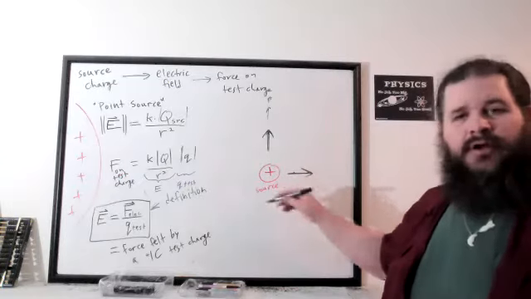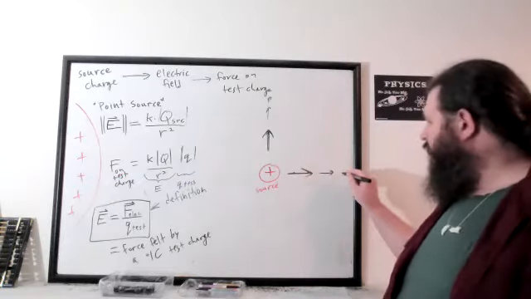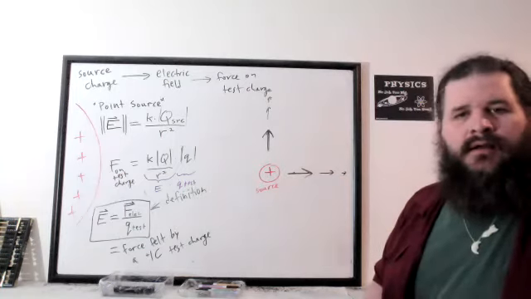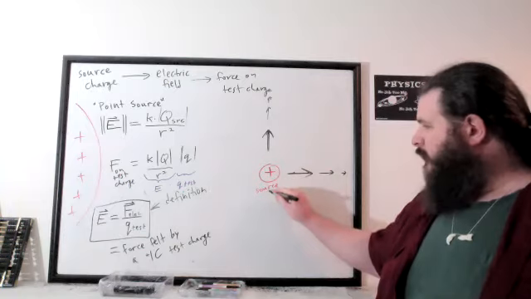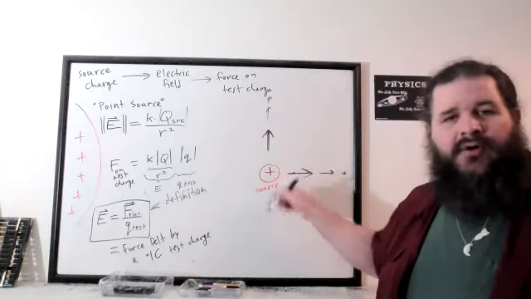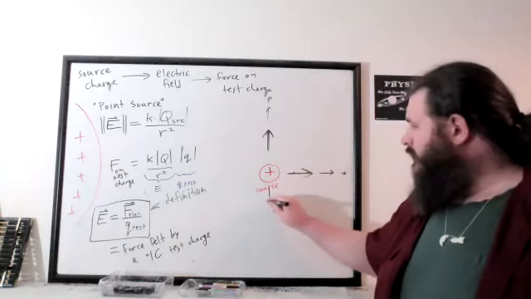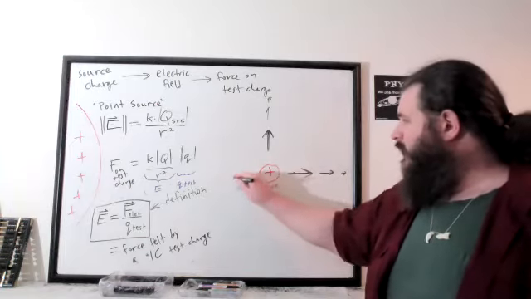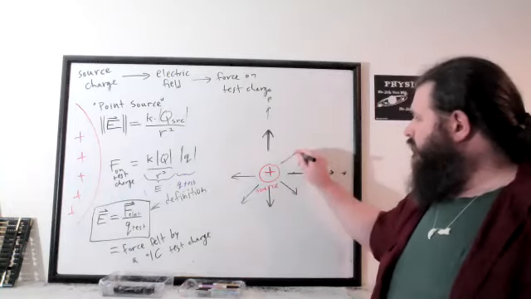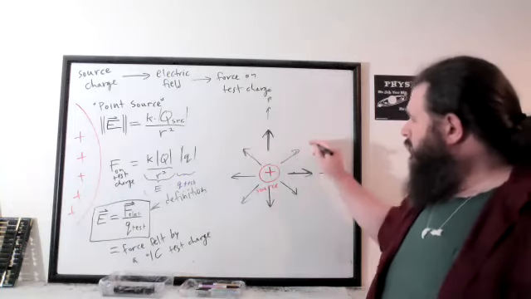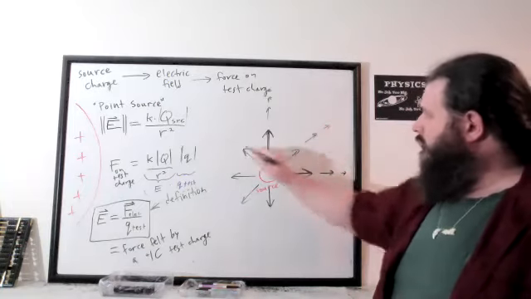Fairly strong if we're close, and then getting weaker and weaker as we get further away. Or if we put the test charge, let's say here, it's going to experience a force to the south, repelled away. In fact, in general, the electric field is going to be pointing away from this positive source charge and getting weaker and weaker as we get further away.